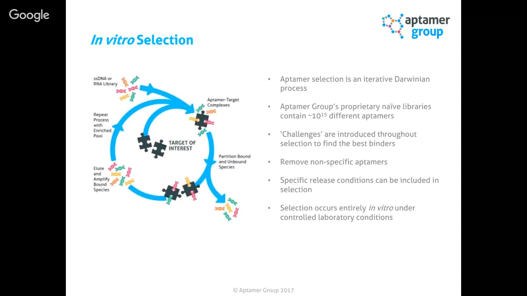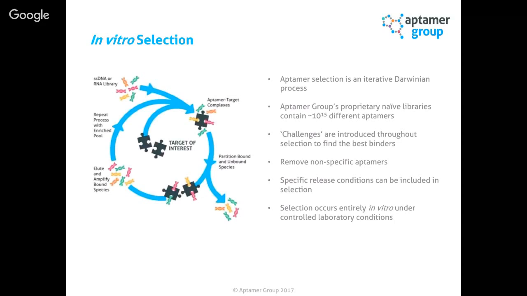We might do that by adjusting the pH or the salt conditions, for example. So we have defined binding conditions, but also defined release conditions, and the Aptamer needs to function in both of those situations. Again, starting with the end in mind and tailoring this process with the goals of the customer in mind.